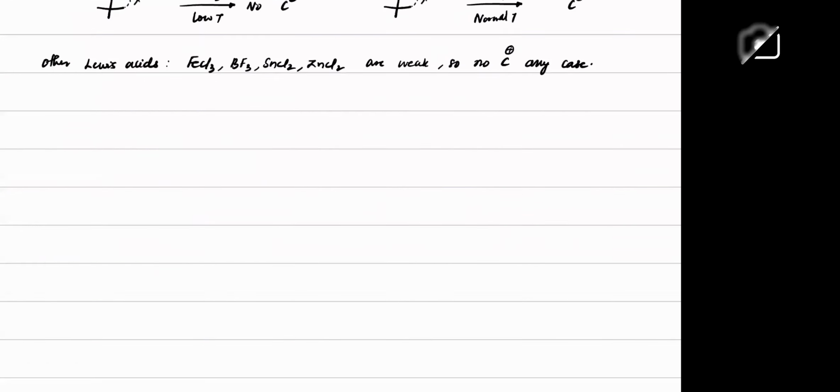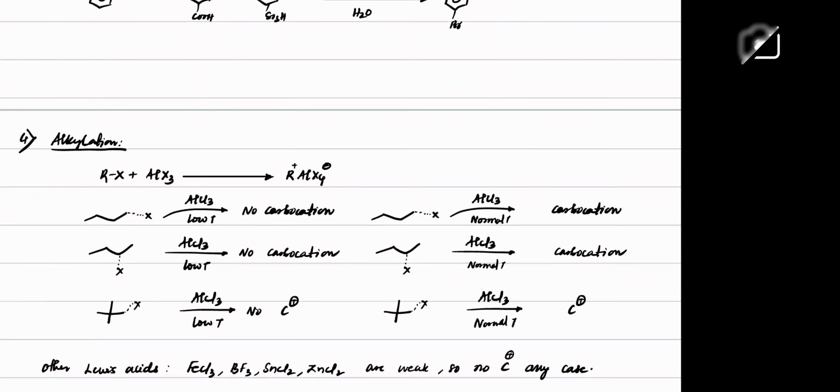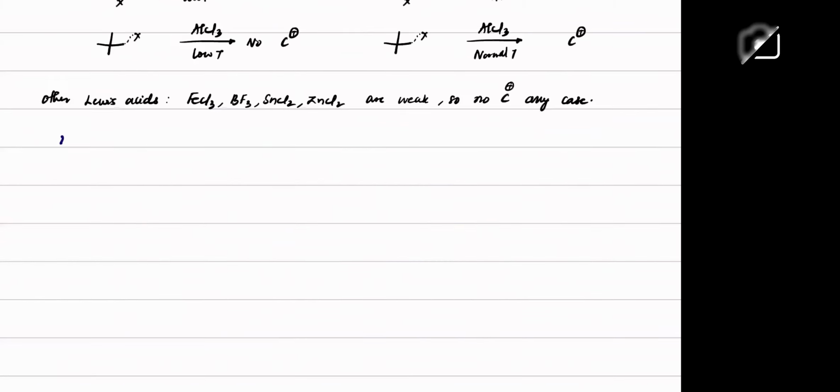Now, what if you have an alcohol or an alkene? This is like case one. In case two, suppose you have an alcohol. For alcohol, we can again use Lewis acids or concentrated H plus, which can come from concentrated H2SO4 or concentrated H3PO4.